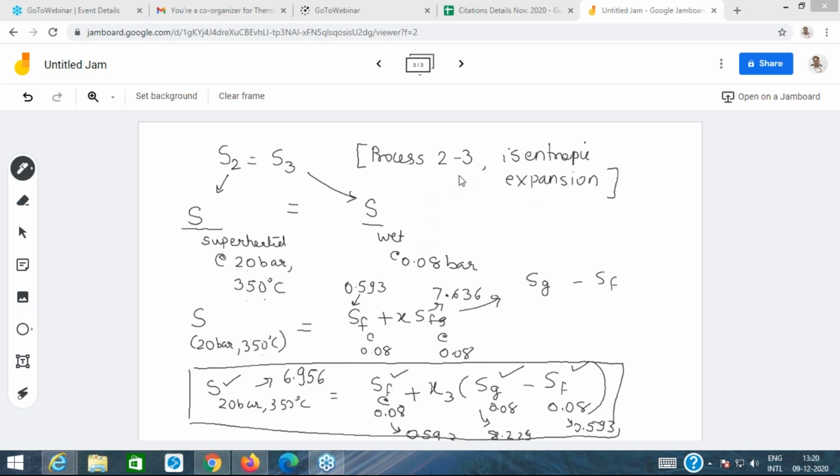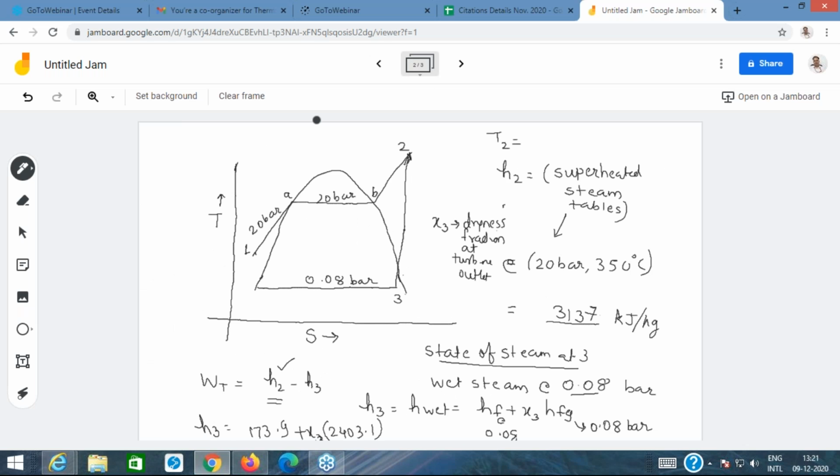So let us take this value of 0.83 and put it here to find the enthalpy. In my H3 expression, I would be putting the value of 0.83 and calculating the enthalpy H3. So now you tell me the value of H3.